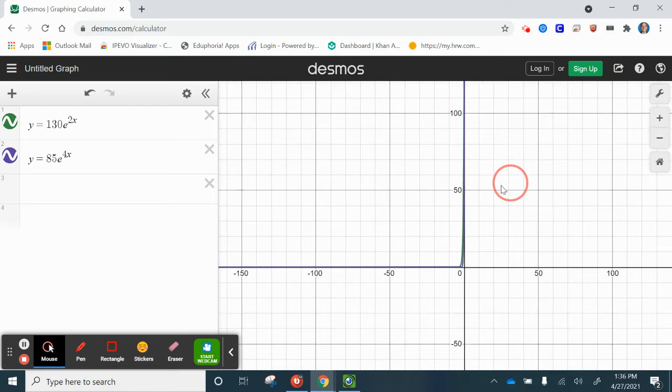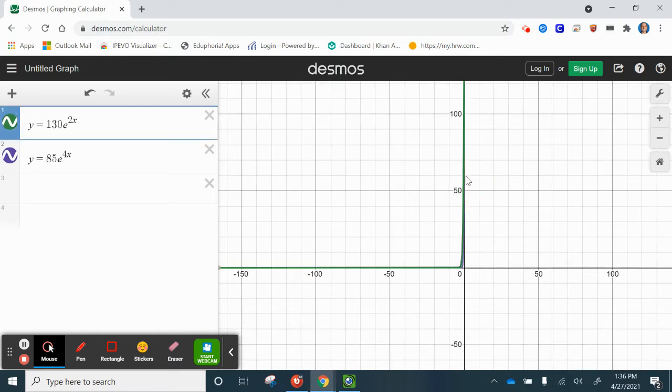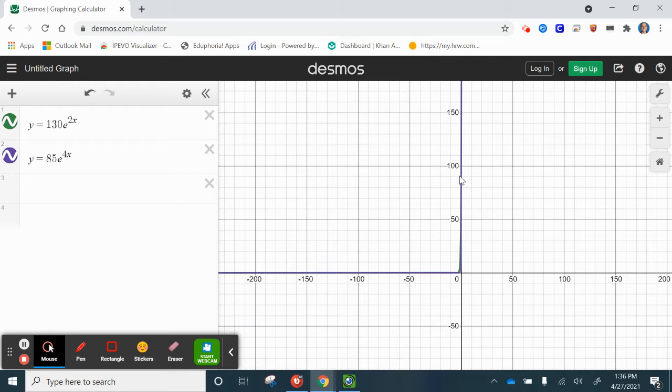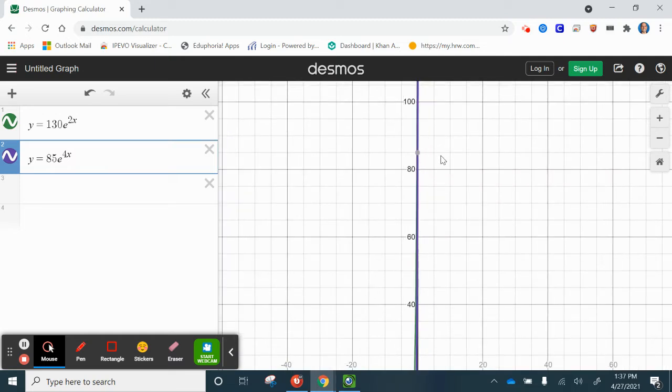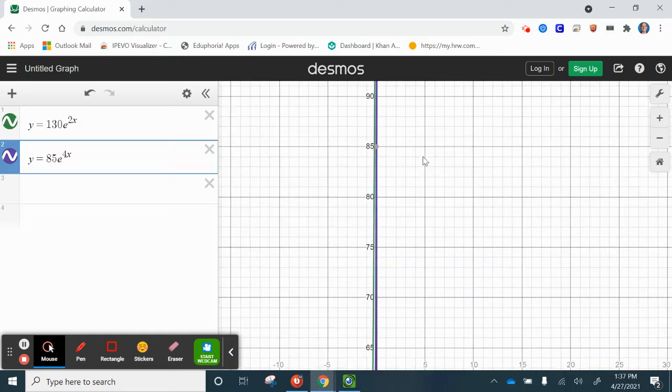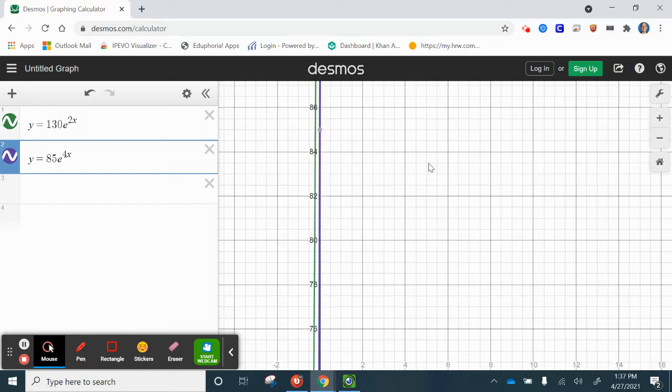In case we did have to zoom out, when you click on the lines, you're looking for when they intersect. It looks like it's that point right there, but you want to zoom in and make sure.